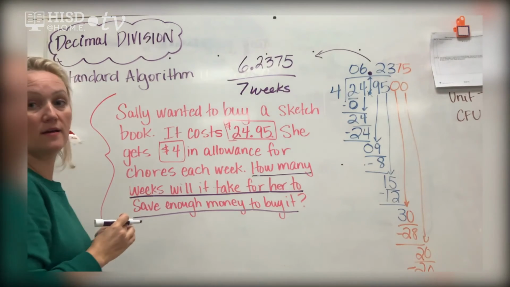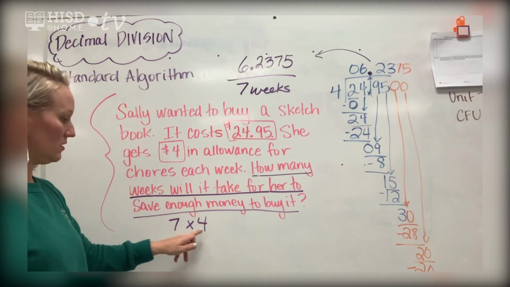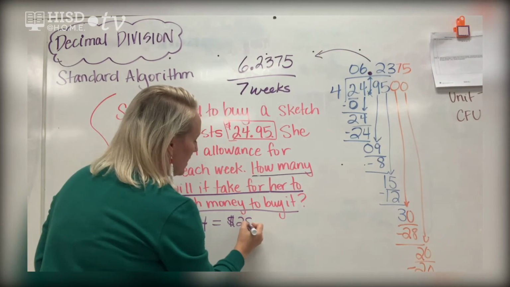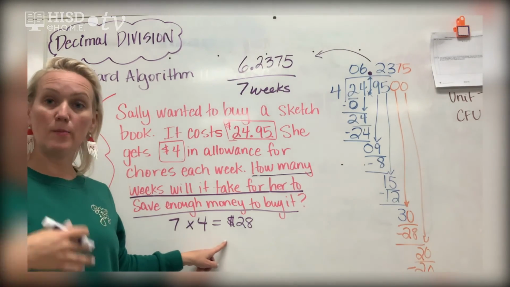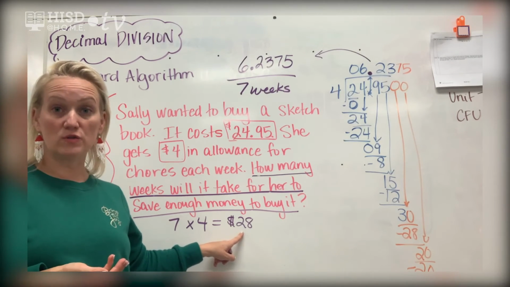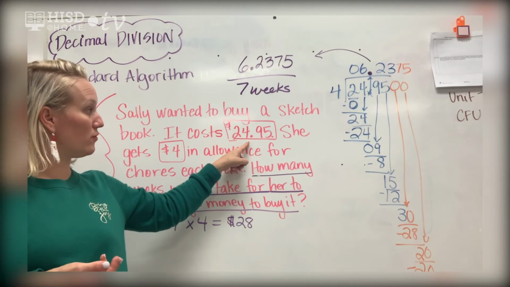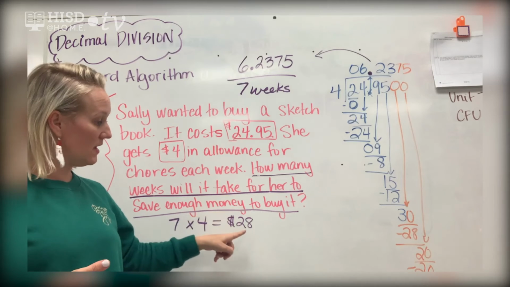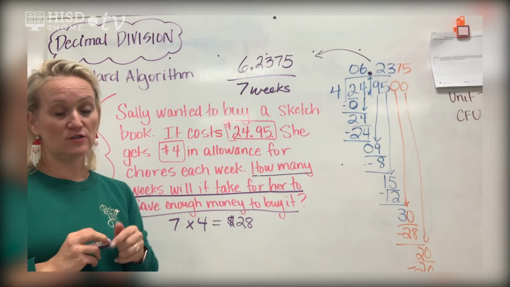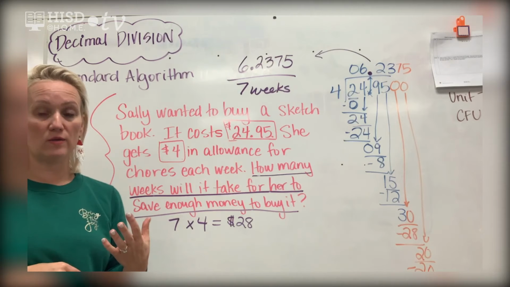We could then say 7 weeks times the $4 she gets every week would give her $28. She's gonna go to the store with $28. She's gonna pay for this sketchbook that costs $24.95 plus tax, and she will definitely have enough, and she'll probably have some change too. So this is a great example of how to reasonably work your way through the problem.